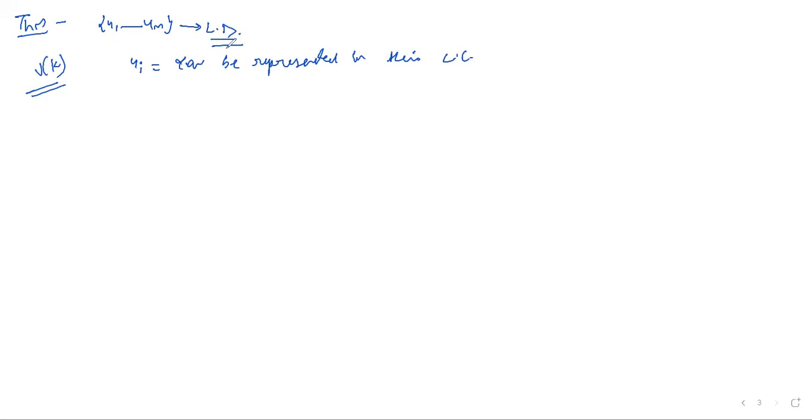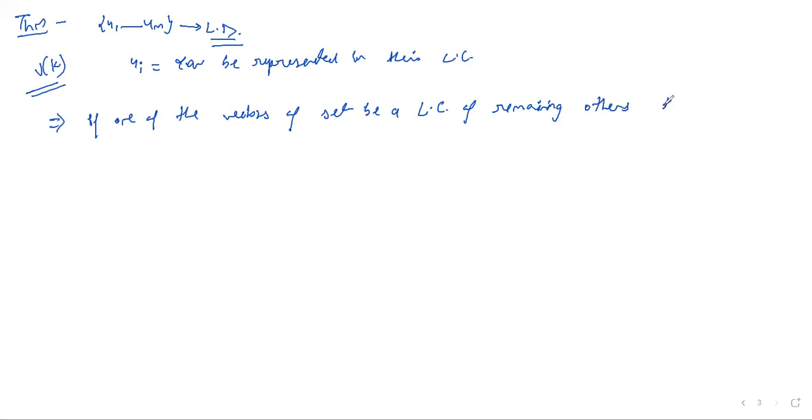It can also be said like this: if one of the vectors of the set is a linear combination of the remaining others, then the set is linearly dependent.